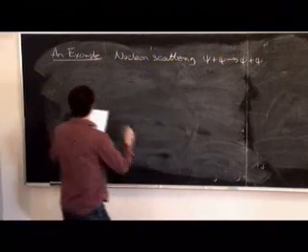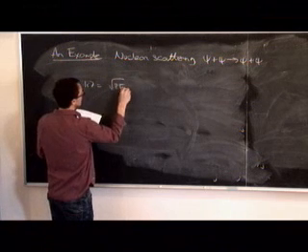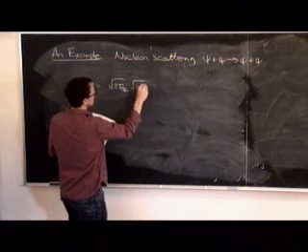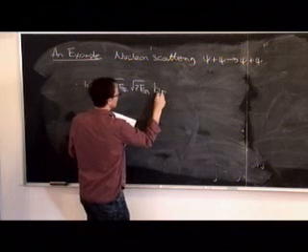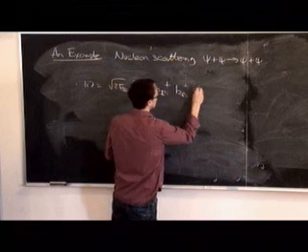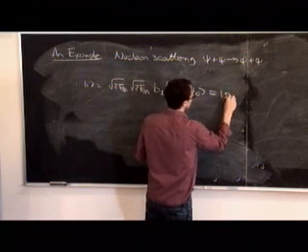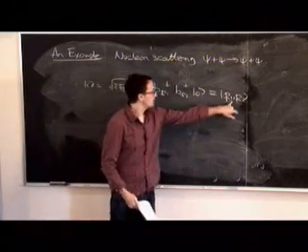Okay, so what does this mean? It means that I've got some initial state which consists of two nucleons, which I'll give momenta p1 and p2. I'm going to write my initial state in this way.